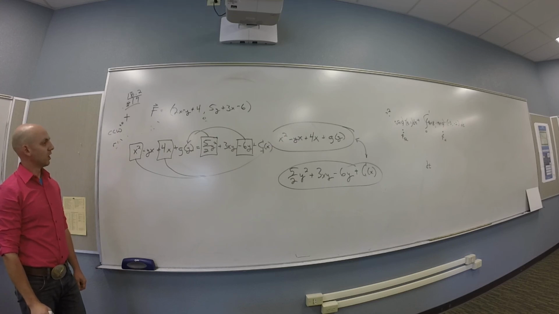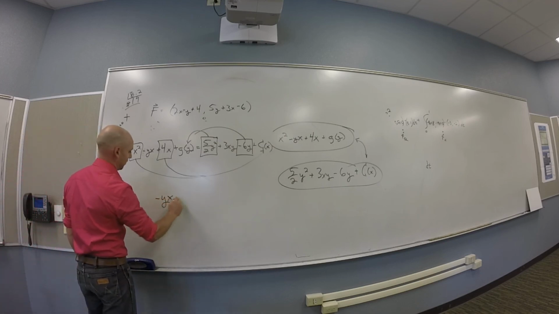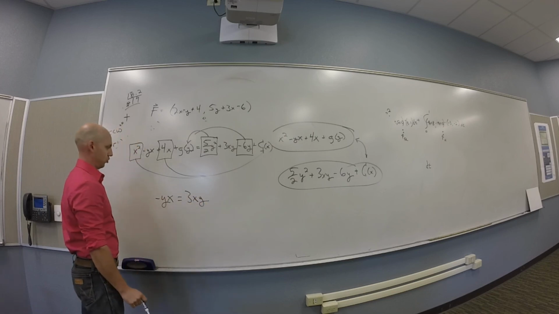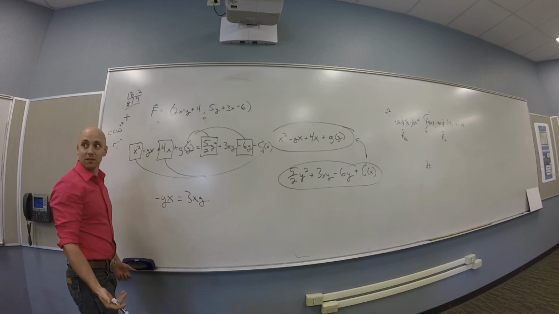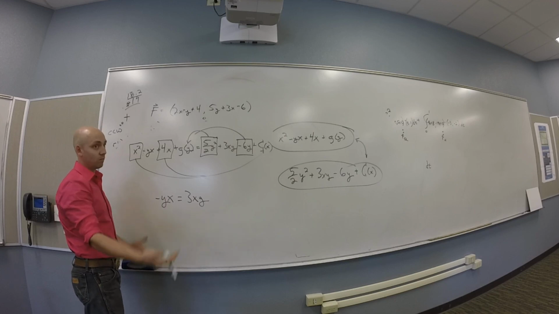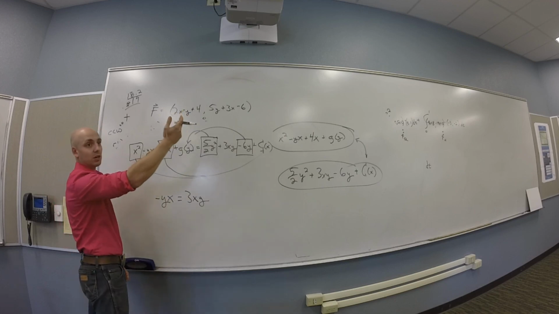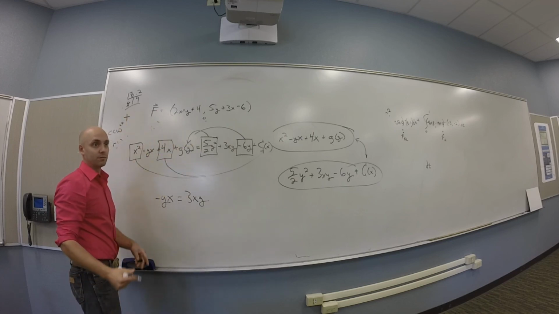So what am I left with? Negative yx equals 3xy. You guys see this? Like this just isn't going to happen. So this thing's not the gradient of something. The vector field I started with isn't conservative, so this fell apart on me. I guess I have to do the other thing.